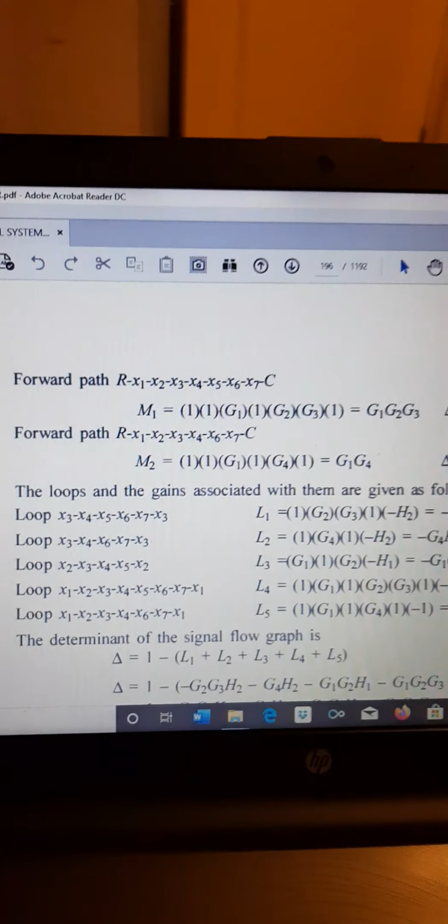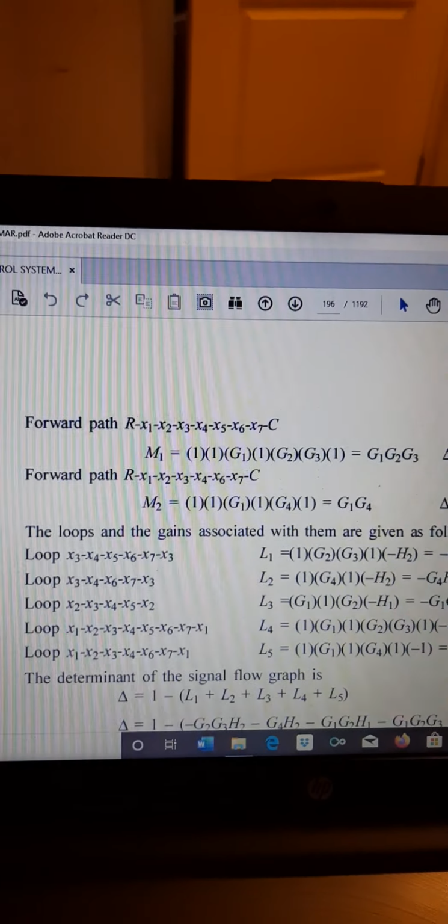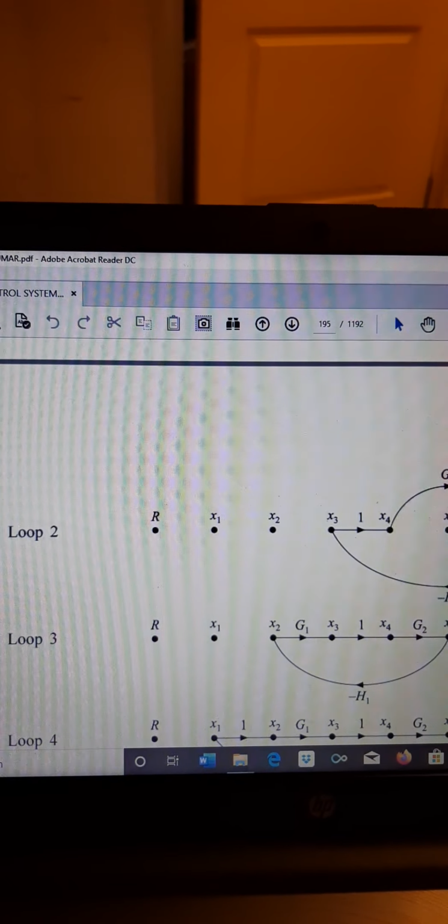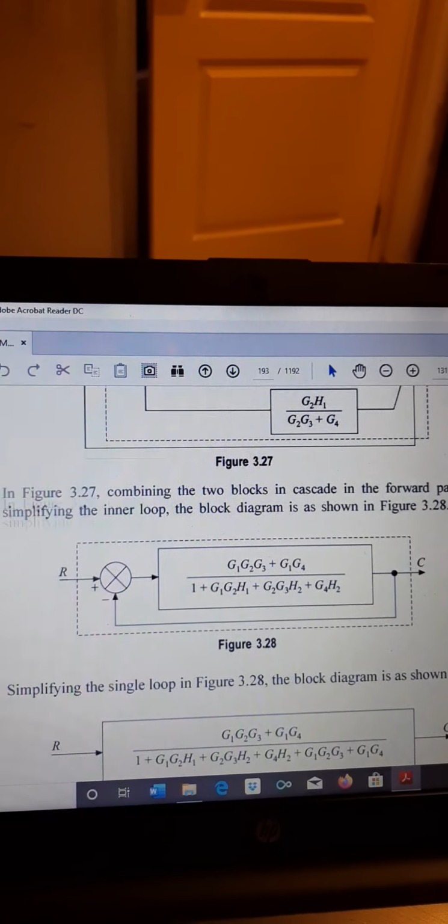So as per the Mason's law, you already studied Mason's formula. You should very clearly try to understand that.